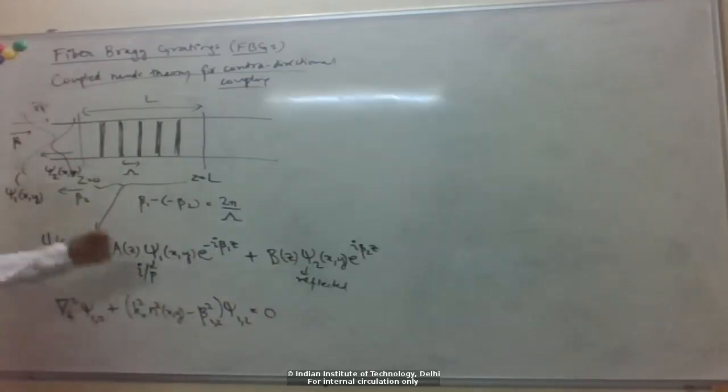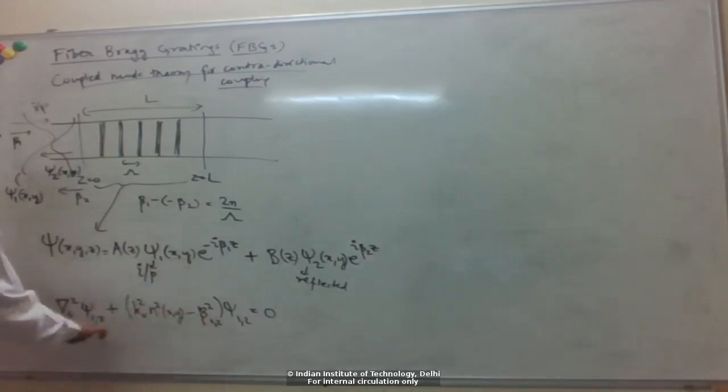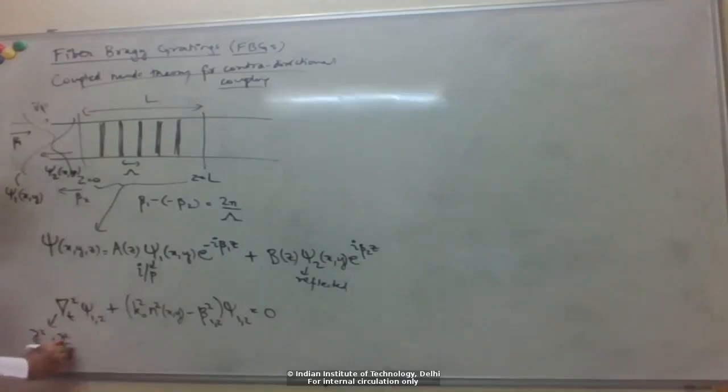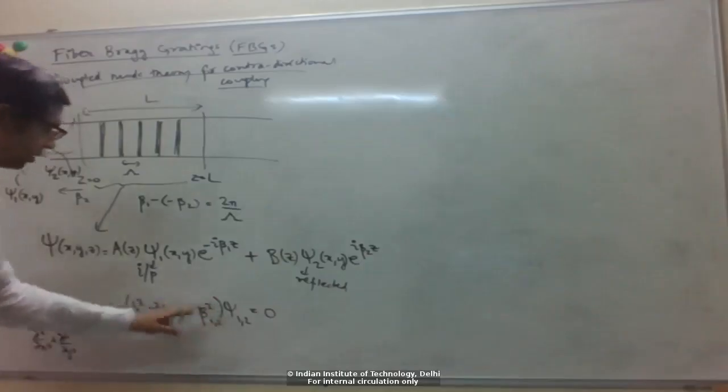So n of x comma y is the refractive index profile of this bare fiber. Right, and psi1 has propagation constant beta 1, psi2 has propagation constant beta 2. Right, and again, this is the transverse part of the del square operator in x and y, right? The z part gave us this.